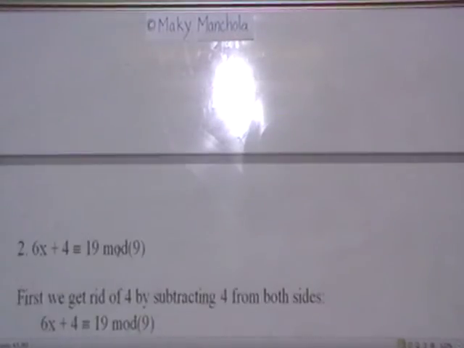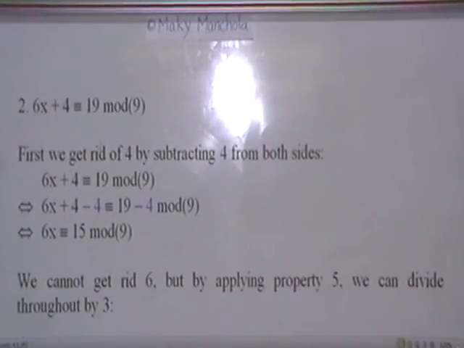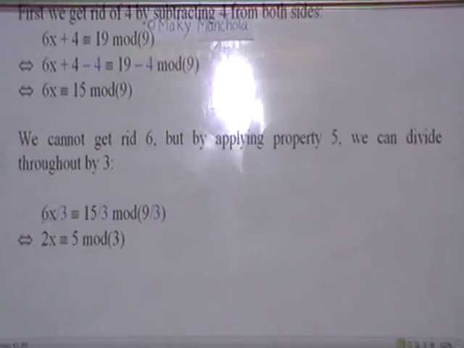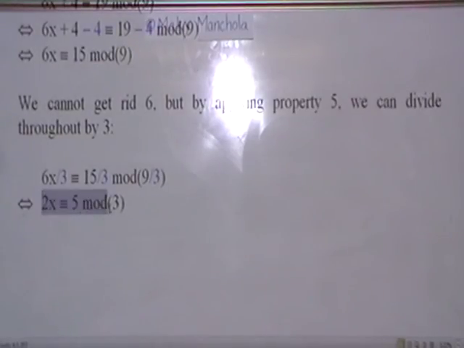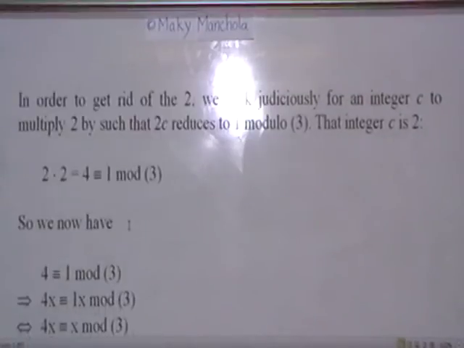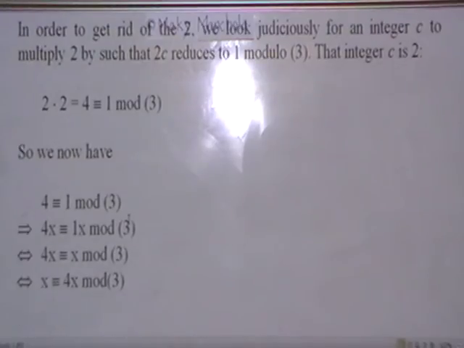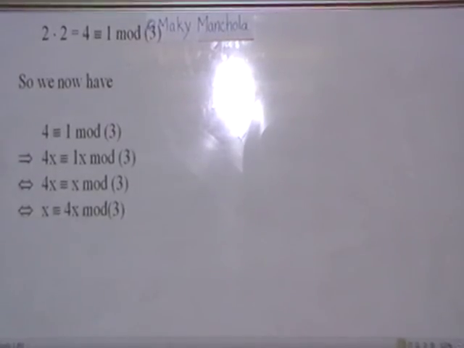Now let's summarize our second solution. We got rid of the 4 in this congruence. Then we got rid of as much as we could by dividing every member of the congruence by a common factor, which in this case was 3. We got a new congruence, and then eventually we made our remarks. One of our remarks was that x is congruent to 4x mod 3.